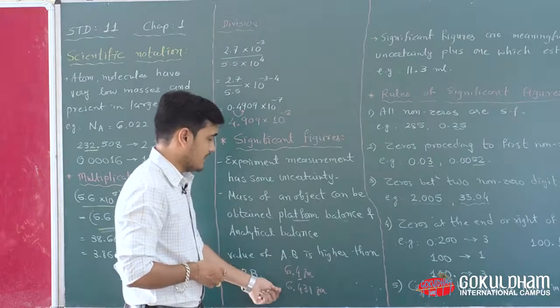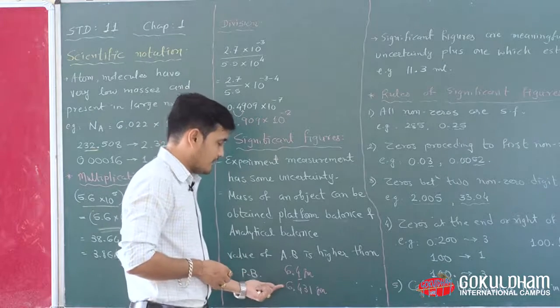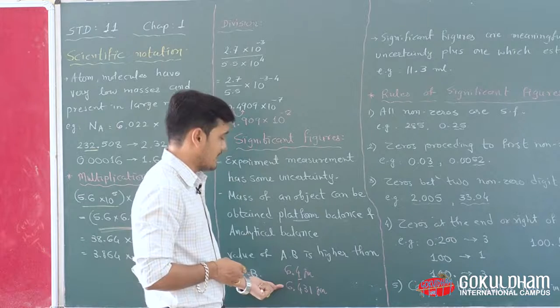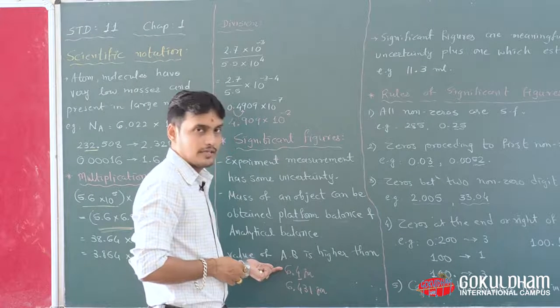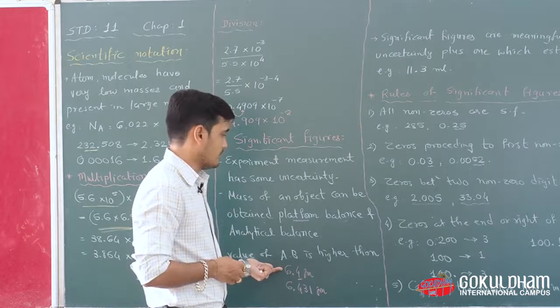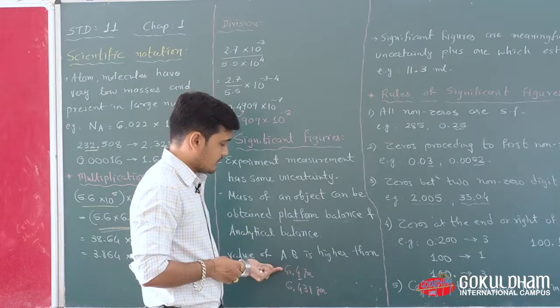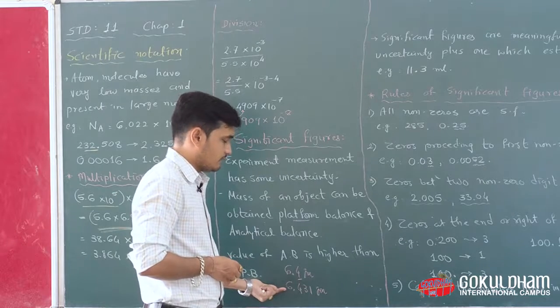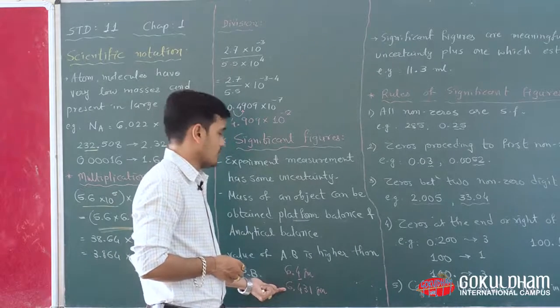It shows clearly that the analytical balance value is slightly more precise than the physical platform balance. So this is 6.4 and this is 6.431 gram.